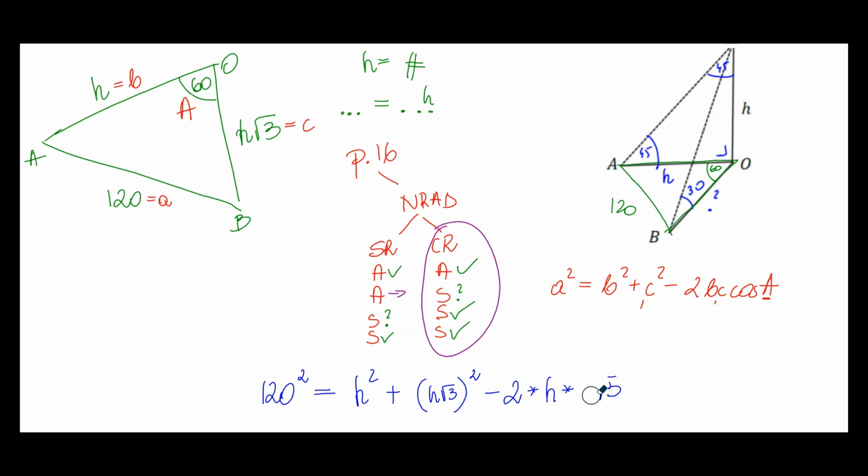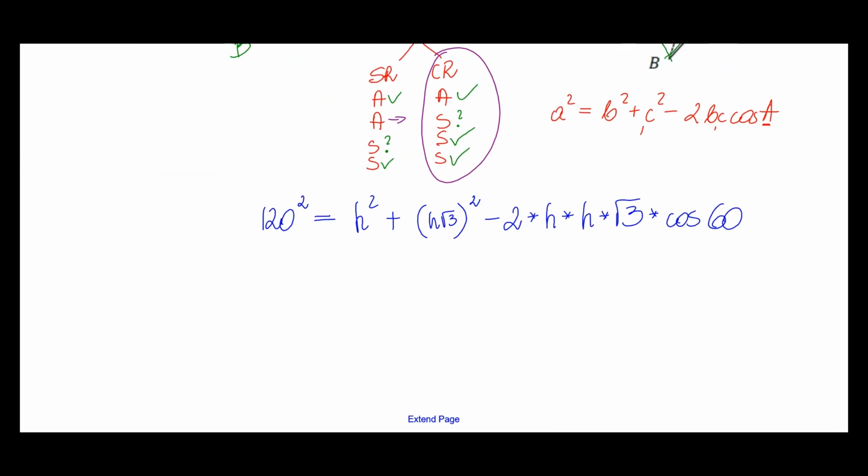Actually, let's write the multiplication sign there. I like writing the multiplication sign because it becomes clearer what I can multiply. And cos, and the angle is 60. Now we know that the angle of 60, that will be a number, isn't it?